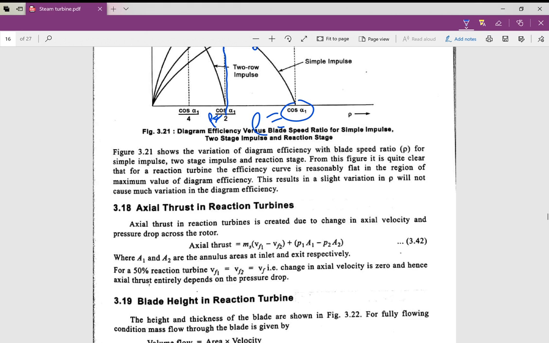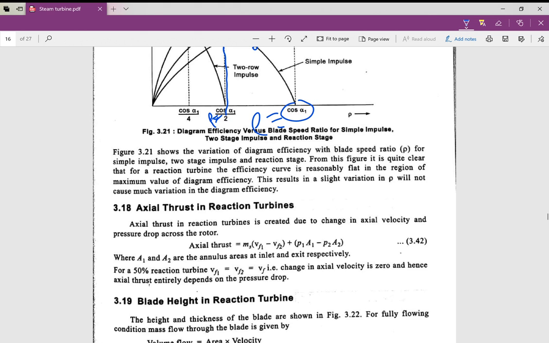Whereas in reaction turbine, the passage area between two consecutive blades in the direction of flow keeps on decreasing, and henceforth a reactive force comes into the picture.